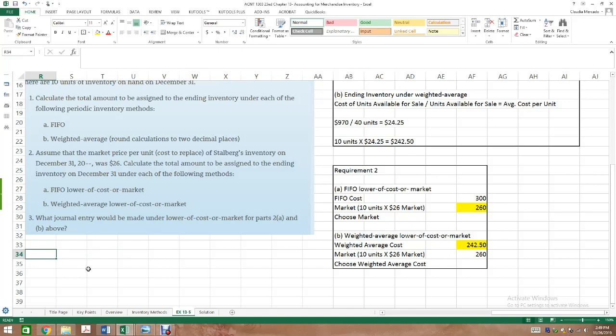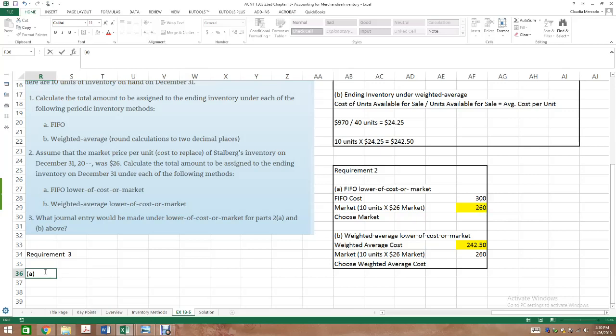I'm going to do the entry down here, for letter A. Let me put here requirement 3. For letter A, because my cost is greater than my market, I need to bring my cost down to the market value. So I need to write off the $40 difference.